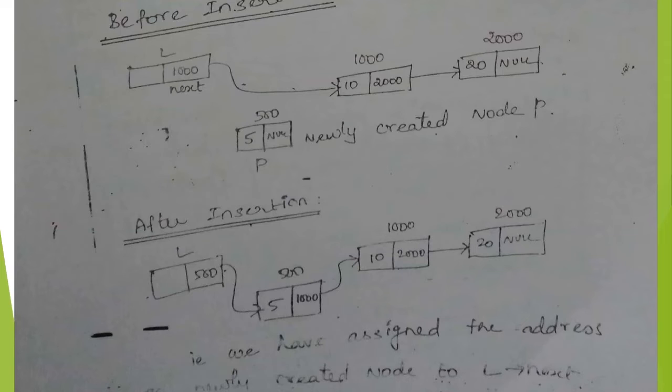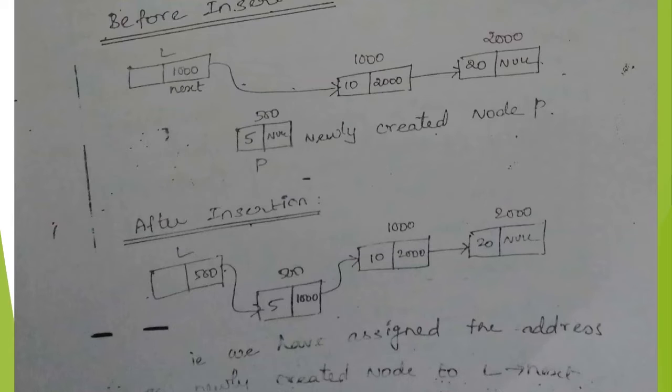In the example diagram, we can see there is a list header L. It is connected to two nodes with values 10 and 20. The first node's address is 1000. That address is stored in the next field of header L. Our new node name is P and it contains value 5 and its address is 500.